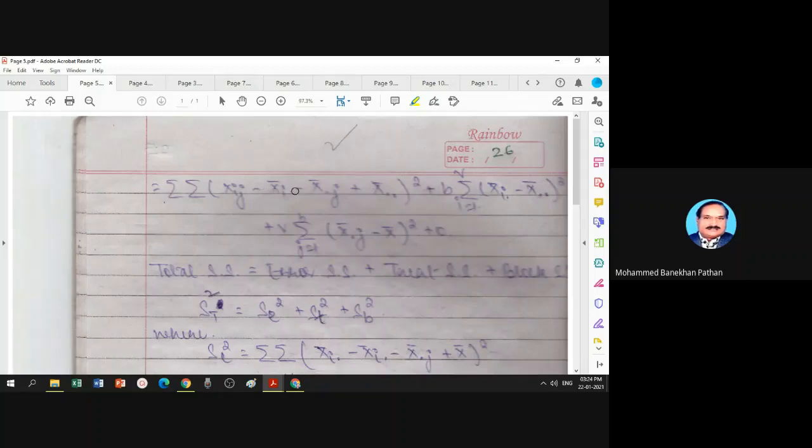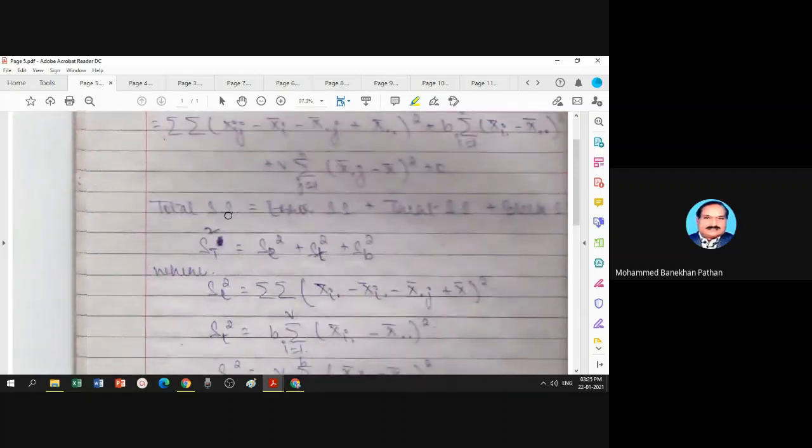Now by looking at these three different quantities, this, x bar i dot minus x bar double dot, stands for treatment sum of square. This stands for block sum of square, and this is for error sum of square. So we are able to write total sum of square as error sum of square plus treatment sum of square plus block sum of square.